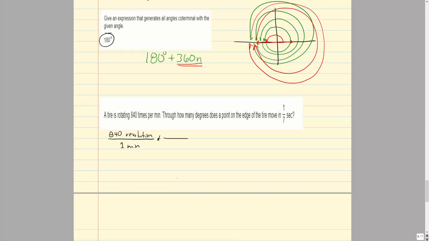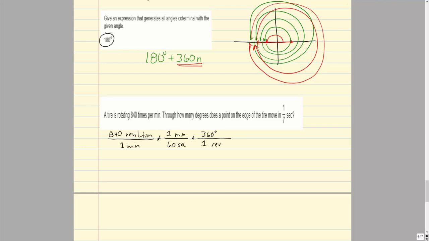Well, what we want to do is convert from minutes to seconds and from revolutions to degrees. So I can convert minutes because 1 minute is equal to 60 seconds. And then for revolutions, there are 360 degrees in 1 revolution.